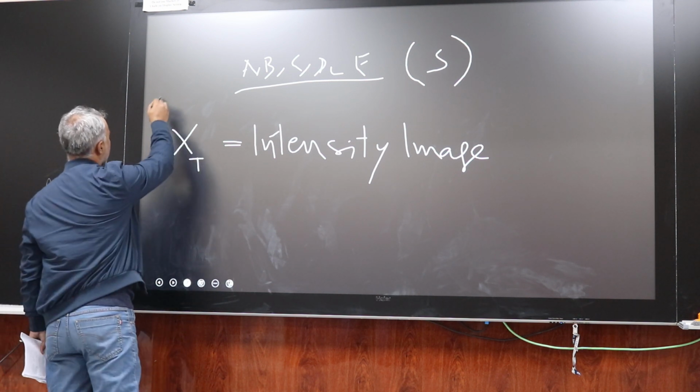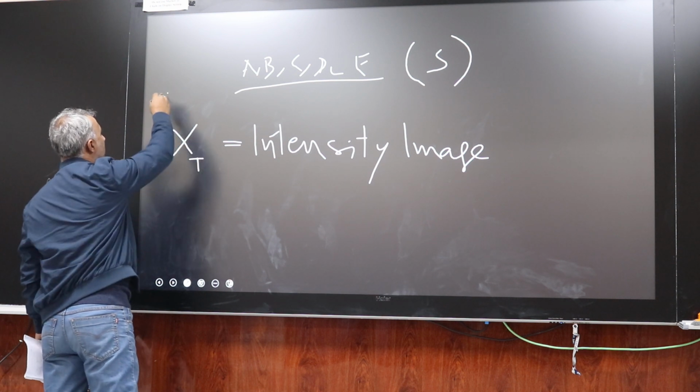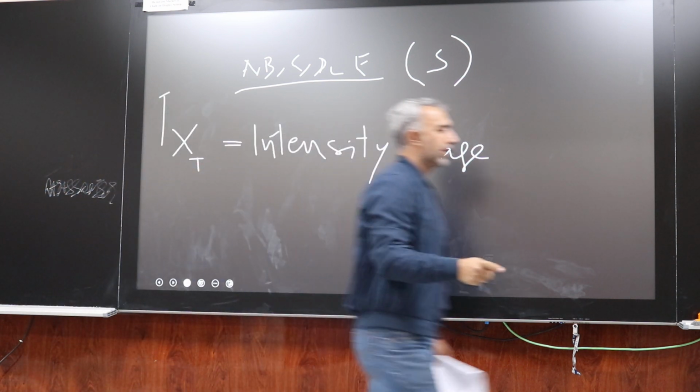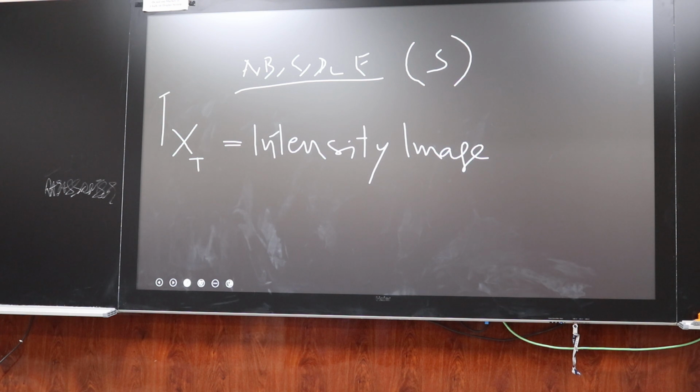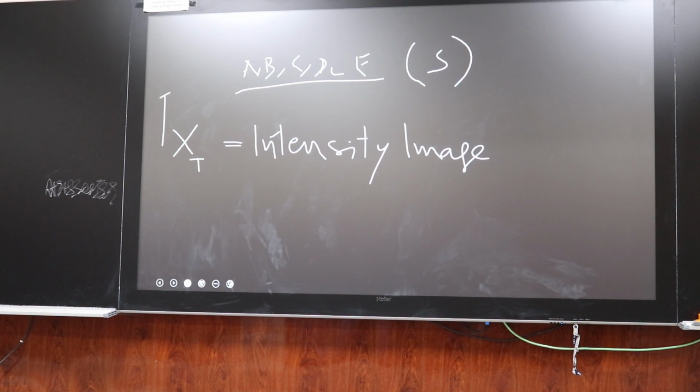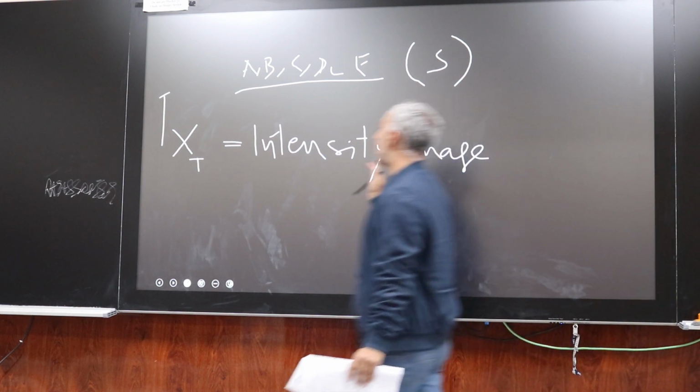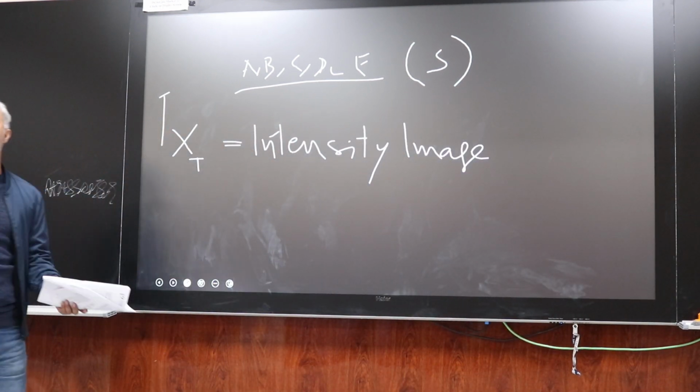Here you can say that this I is the test image. So the intensity image, my children, is the test image at the approaching time.